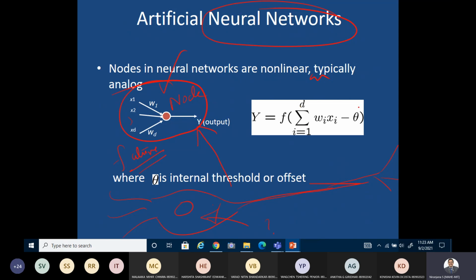So it may use some kind of threshold. For example, theta is a threshold here. So it will try to use some evaluation rule here, so that it helps you decide what its output is. Say the output is y here.